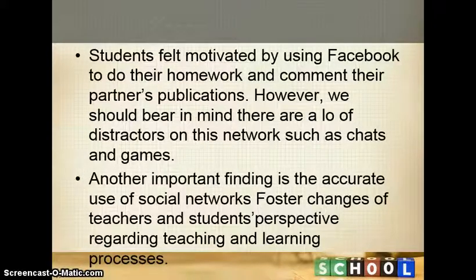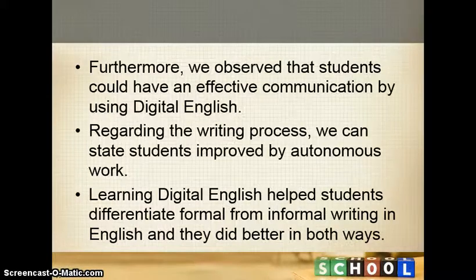However, we should bear in mind there are a lot of distractors on this network, such as chats and games. Another important finding is the accurate use of social networks fosters changes of teachers' and students' perspectives regarding teaching and learning processes.